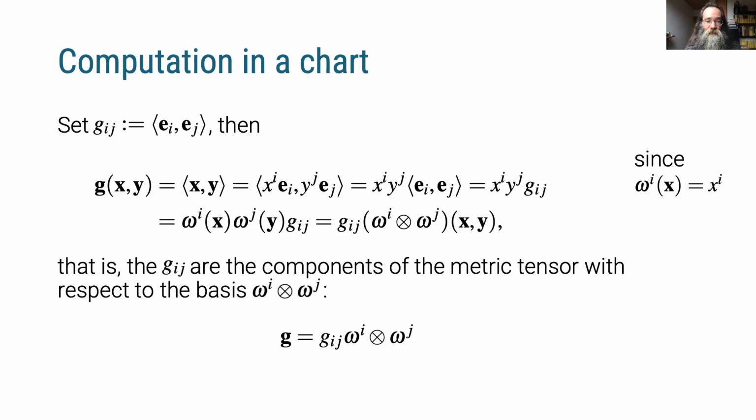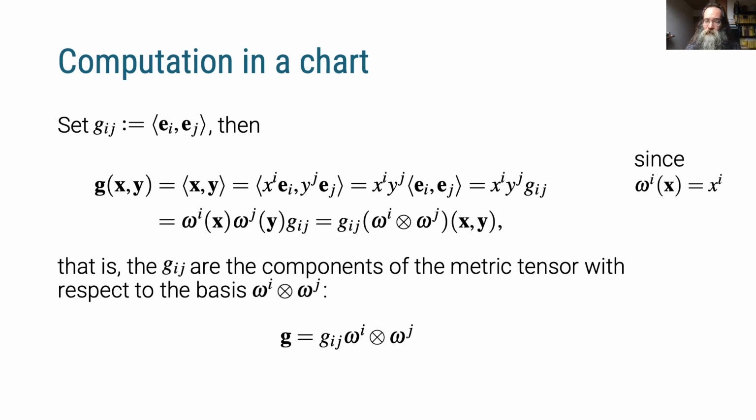And then we can actually compute this inner product in components. So g of x and y, or angle brackets x and y, we first can expand the x and y in their components. That is, x is x^i times e_i summing over all i's, and y is y^j e_j summing over all j's. And then since the inner product is bilinear, we can pull out x^i and y^j.